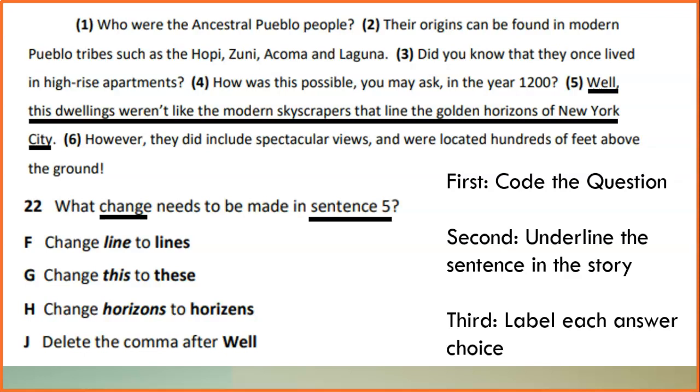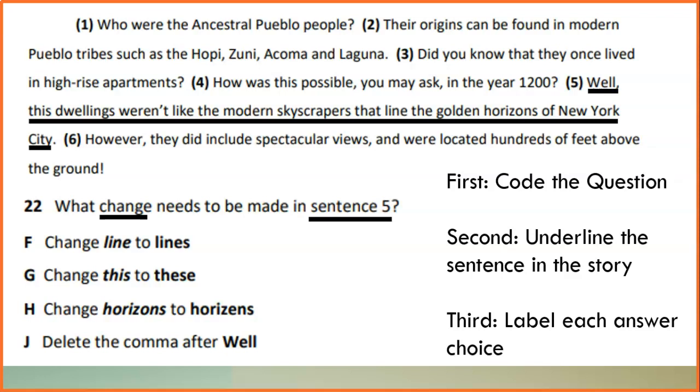Then, third, we need to label each answer choice with what type of rule it's testing. So if I look at F, change line to lines, well, I need to look at it in the sentence. Well, these dwellings weren't like the modern skyscrapers that line. The modern skyscrapers line the golden horizons of New York.